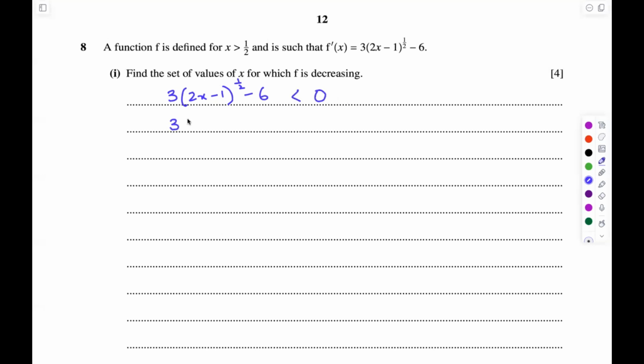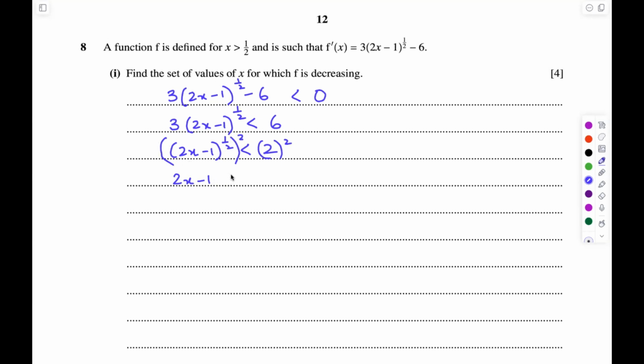Taking 6 on the other side, we'll get 3(2x − 1)^(1/2) less than, so this will become a positive 6. Then dividing by 3 on both sides, we get (2x − 1)^(1/2) is less than 6/3, which will become 2. Now squaring both the sides, this will become 4 and the square root will cancel out.